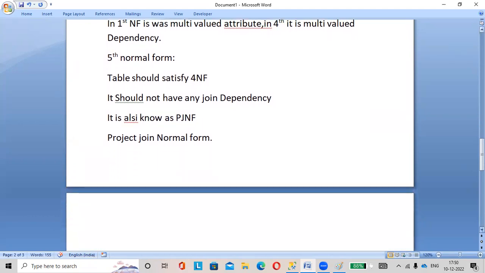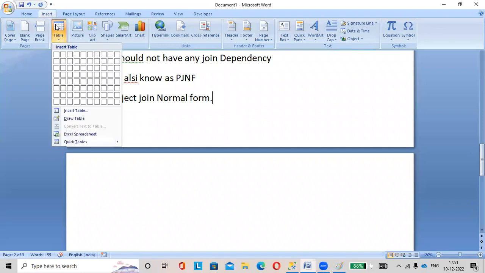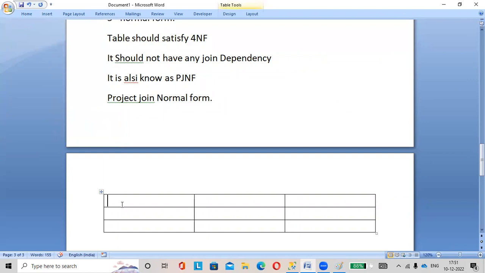We'll consider one example. Supplier, product, user. Okay, there are 3 columns.